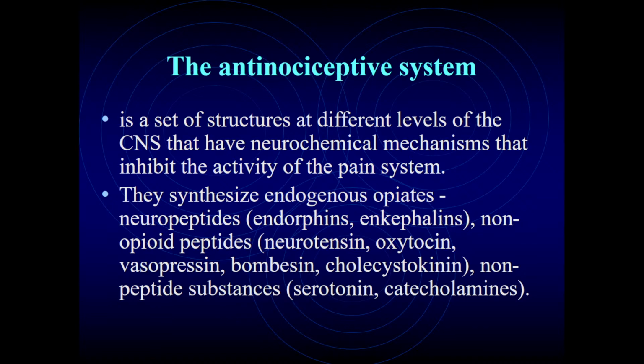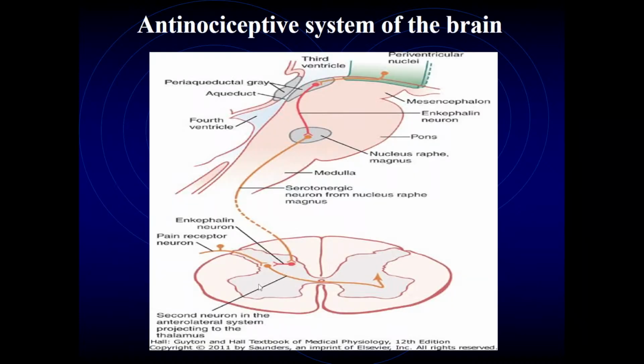The interaction between the nociceptive and antinociceptive systems of the body determines the pain threshold and pain sensitivity. Here you can see a picture of the antinociceptive system of the brain.